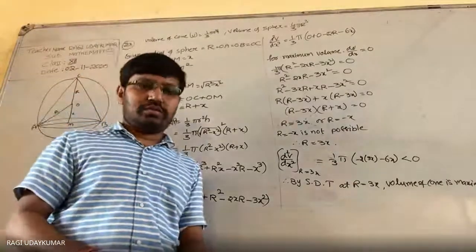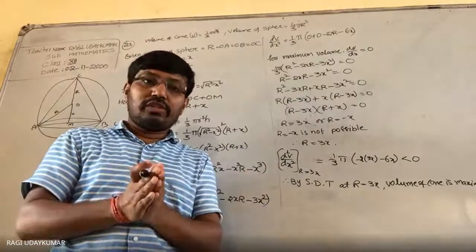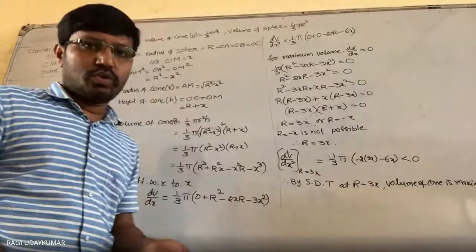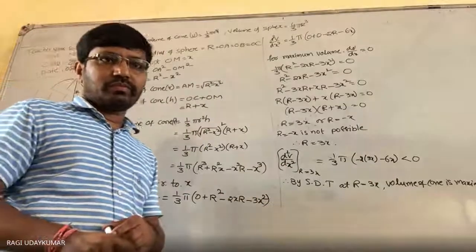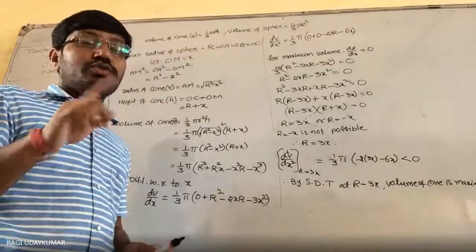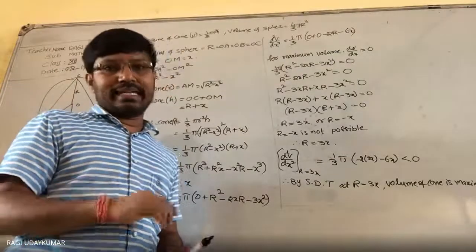If r is equal to 3x, the volume of the cone is equal to 8 by 27 of the volume of the sphere, as it is given.